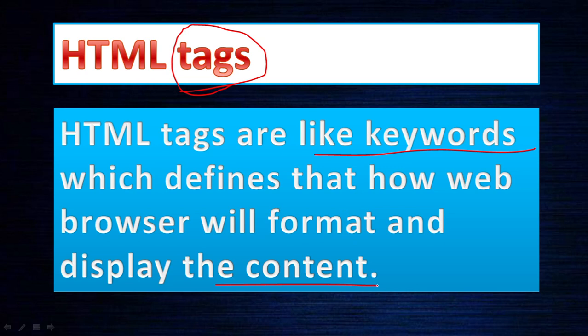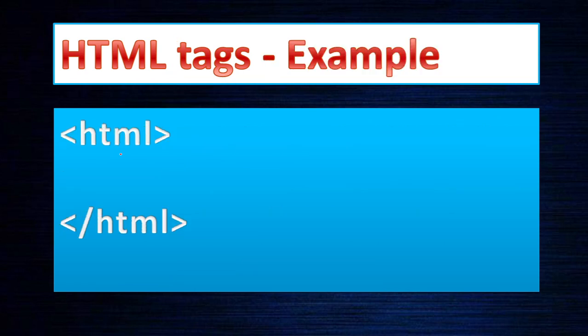Content is text or information or pictures or video. They all come under content. It may be a video, it may be a picture, it may be text, they're all content. How do you want to display it on screen? How do you display it in the browser? These tags will help us to define the format. They will help us to define how it should look. For that purpose, we are going to use HTML tags.